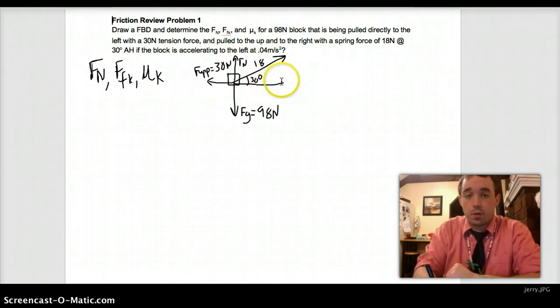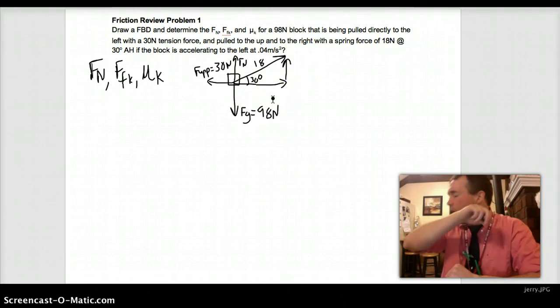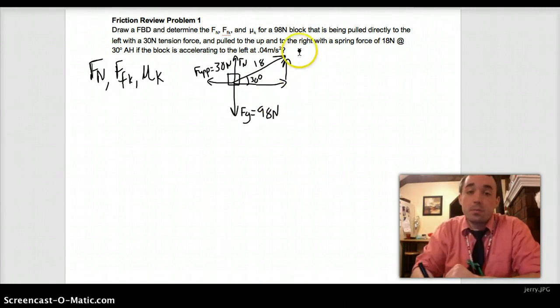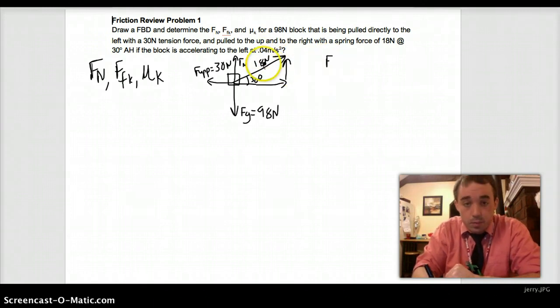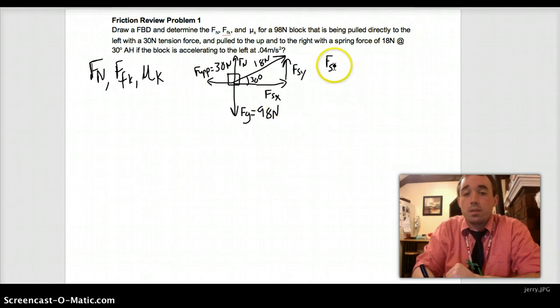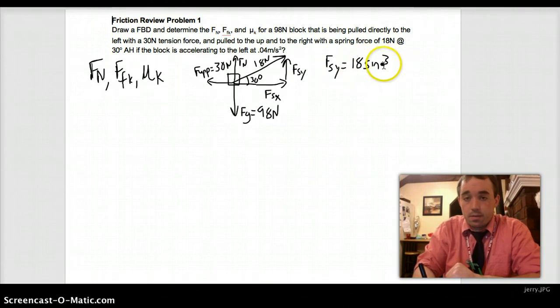Well, we've got to break our angle into pieces. So this is a spring force, so that's an Fs. So this will be our Fsy and our Fsx. So our Fsy is our Fs, which is our 18, times the sine of 30 degrees.